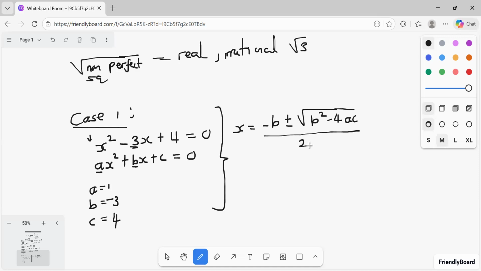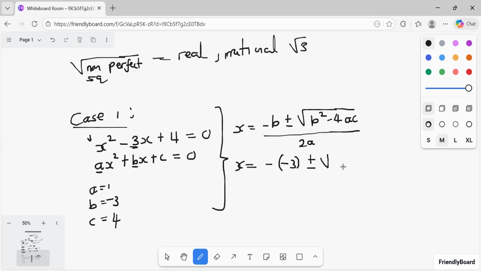Okay, so now let's impute the values of a, b, c into this quadratic formula. Right, so if I impute this into the quadratic formula, this is what I'm going to get. x is equal to minus, and then minus 3, that's our b, plus or minus square root.